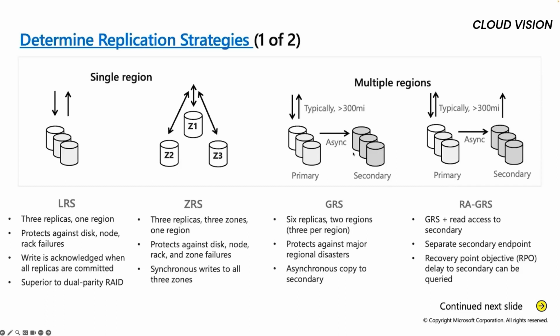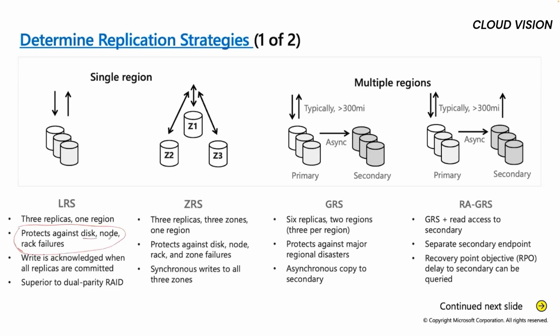In this one, there is one thing I would like you to notice. LRS protects against disk, node, and rack failure. This is a typical scenario where you want redundant storage against this kind of failure. But ZRS has all the features of LRS, and it also protects against zone failure. Let me highlight this section here.